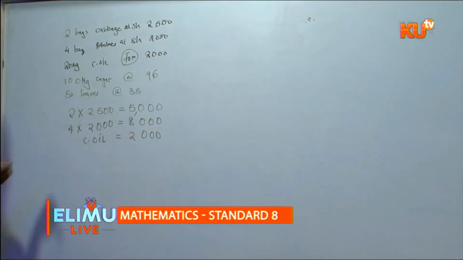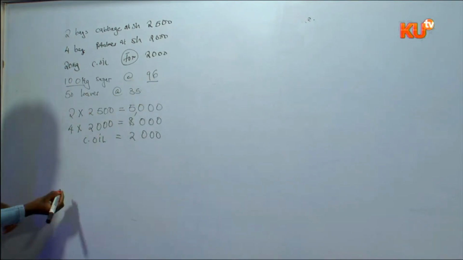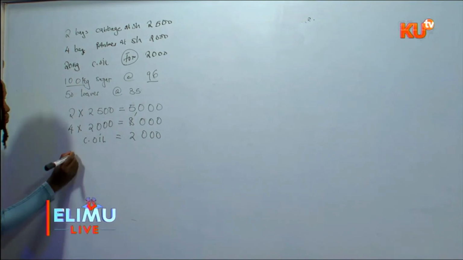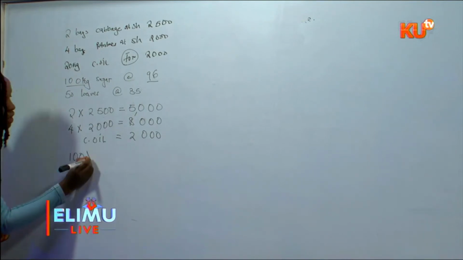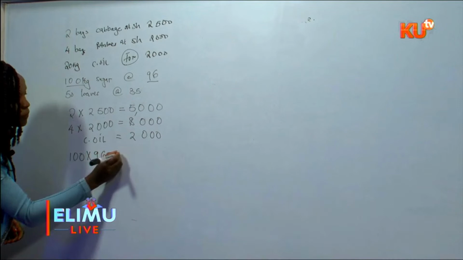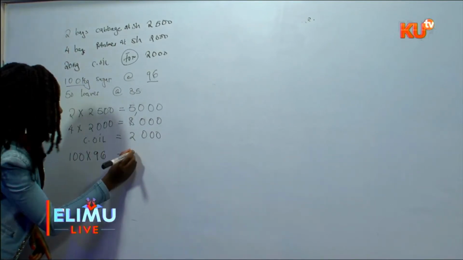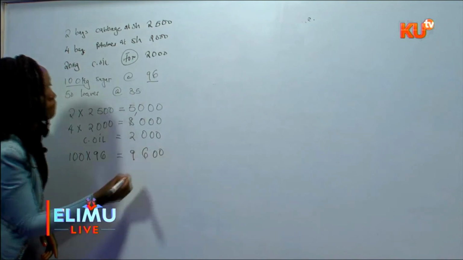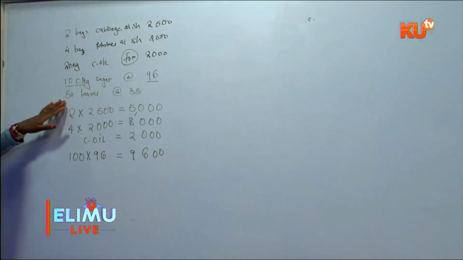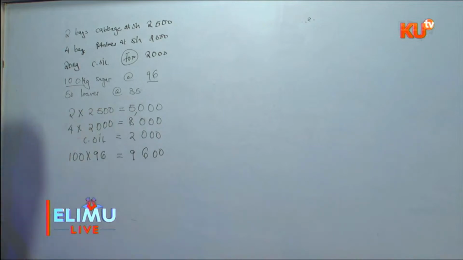Then I have 100 kgs of sugar at 96 shillings. So it is the number of kgs bought times the cost of 1 kg. That is 96 times 100, we get 9,600. And then 50 loaves of bread at 35 shillings each.